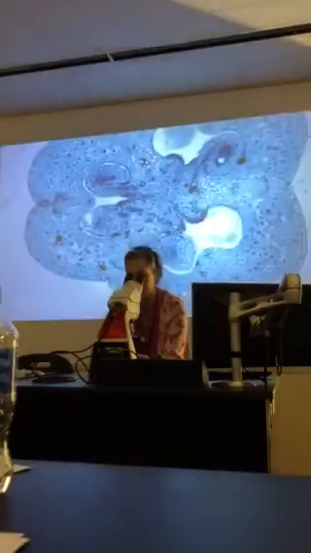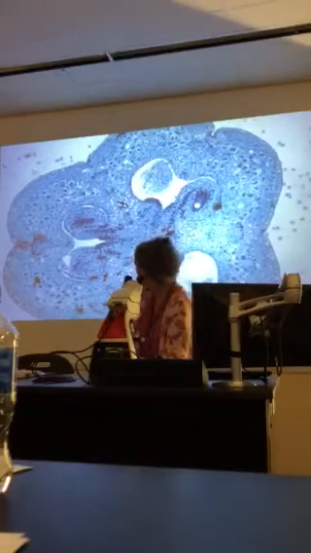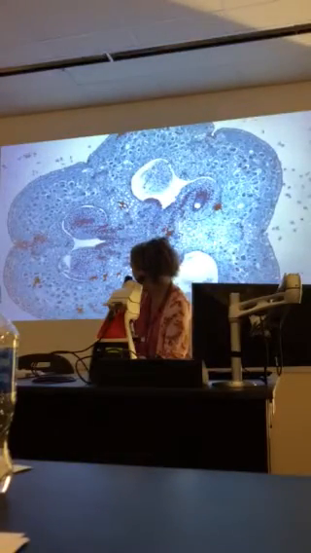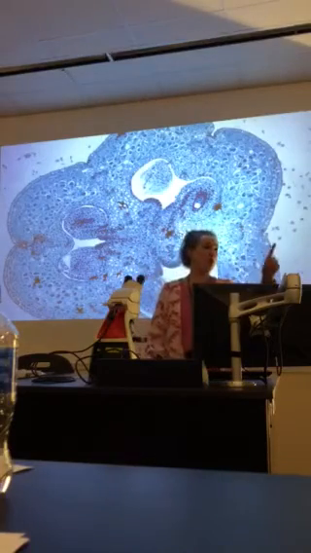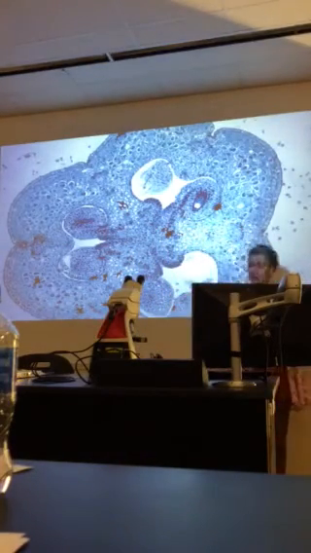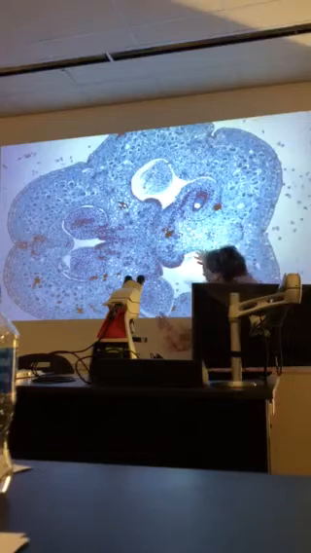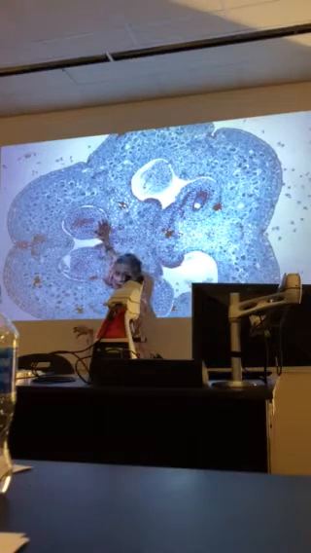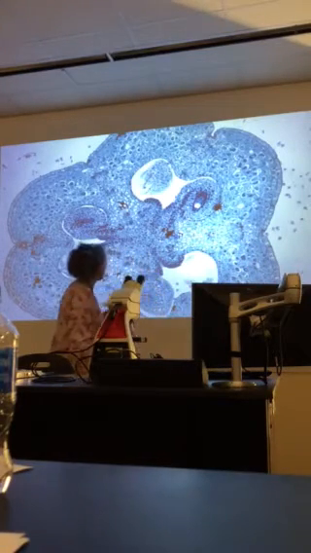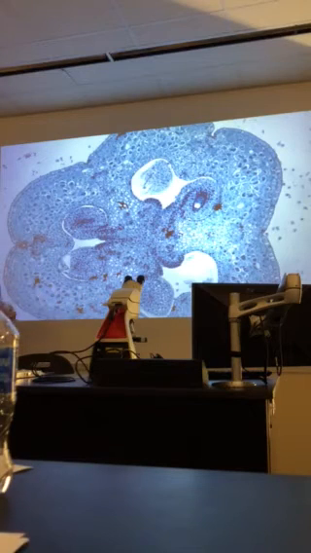Keeping with the angiosperms, what would I call this whole thing? The whole thing is an ovary. I am divided up into these little things called ovules. How many ovules do you see? I see 6 ovules. That makes this plant a monocot.